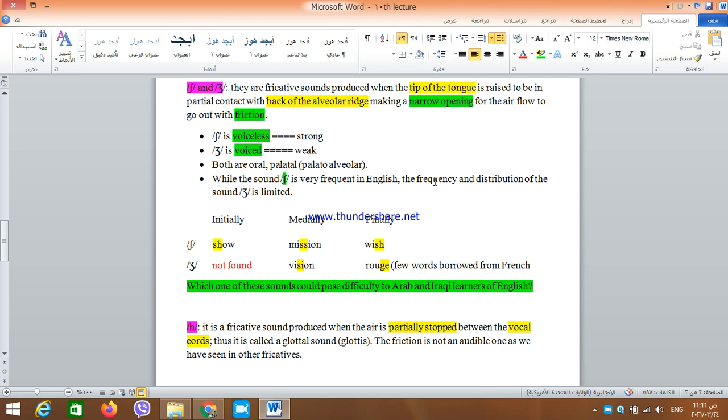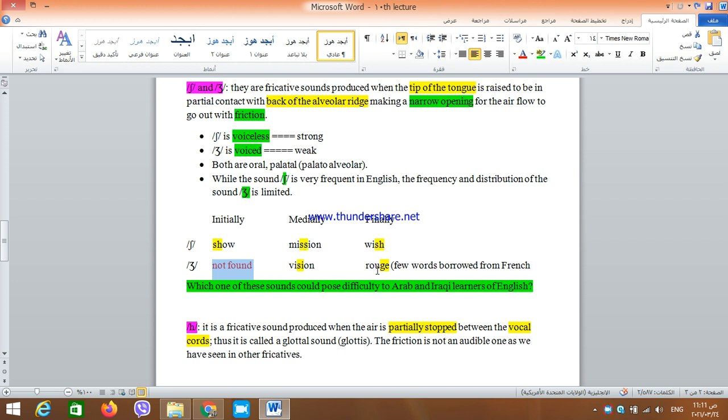It's actually limited in terms of position, limited in terms of words that represent this sound. Okay, so initially we have "she", but we don't have "je" in initial position. Keep this in mind. Medially we have both. We have mission and vision.